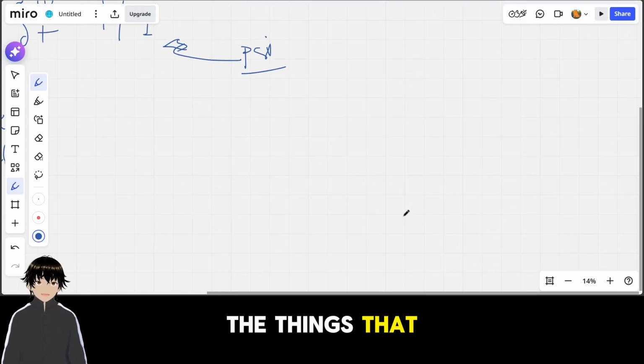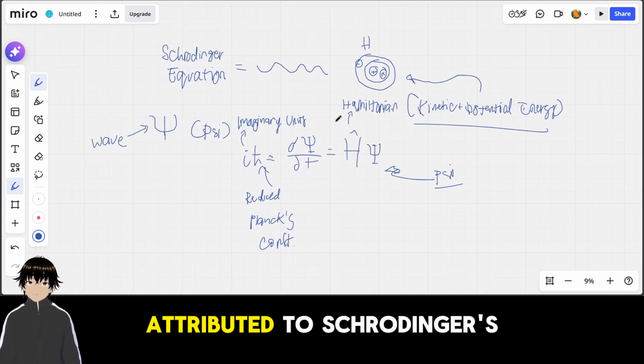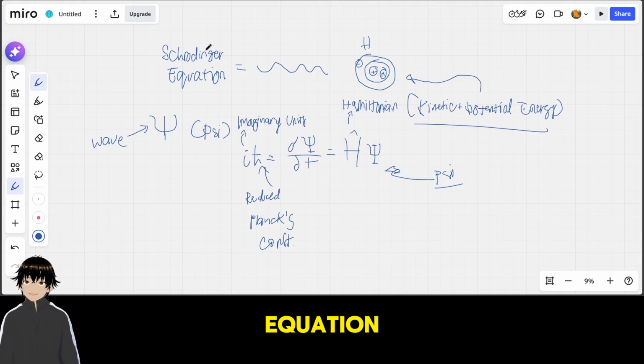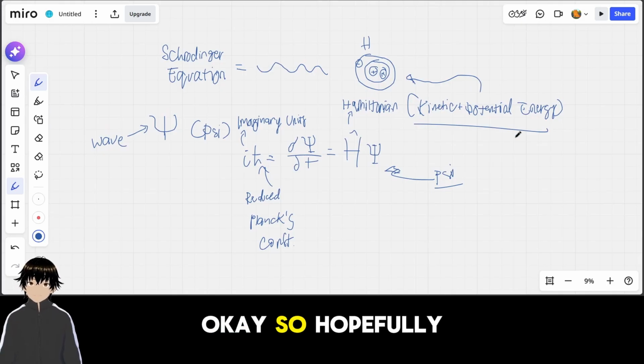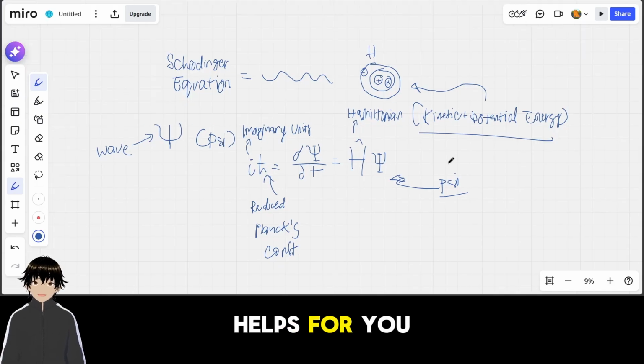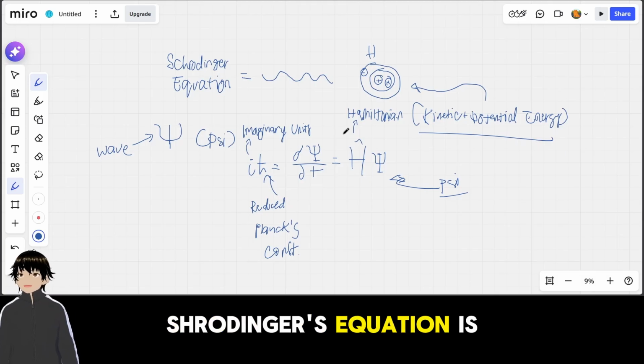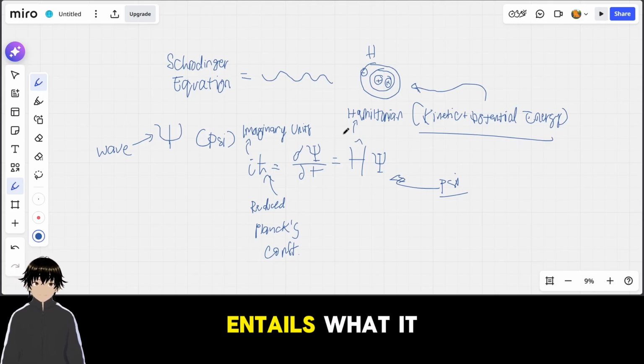A lot of the things that we have today would be very much attributed to the Schrodinger equation. So hopefully this simplification helps you understand.